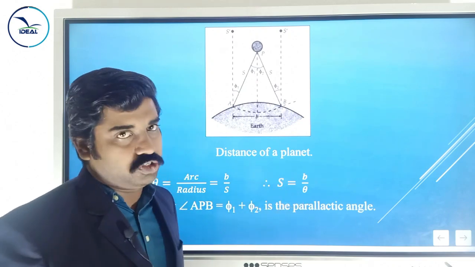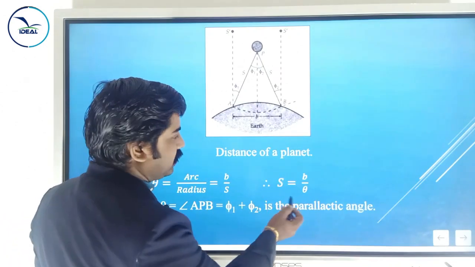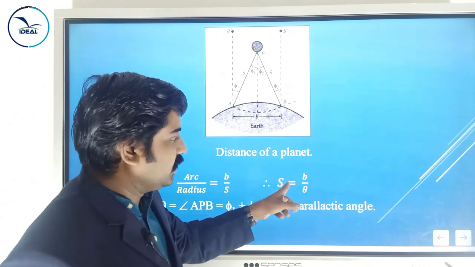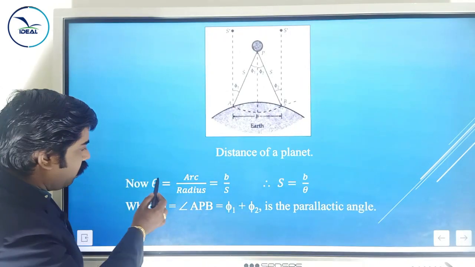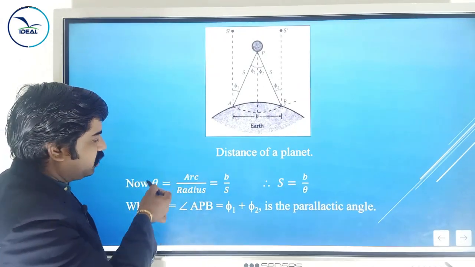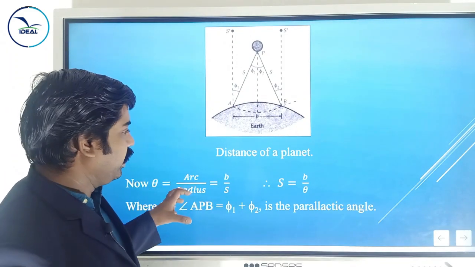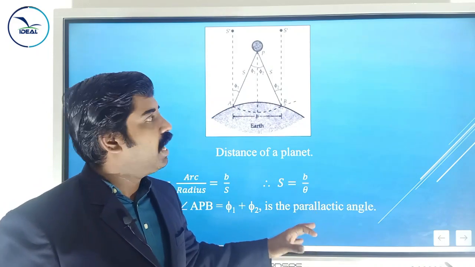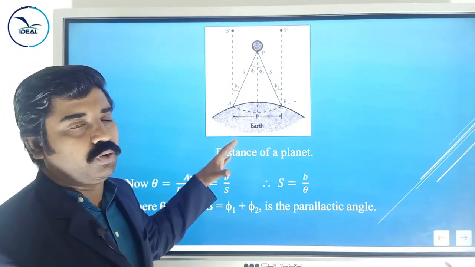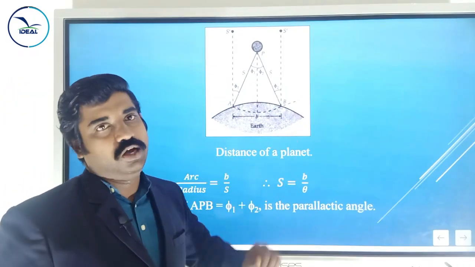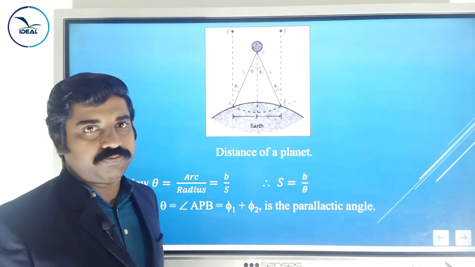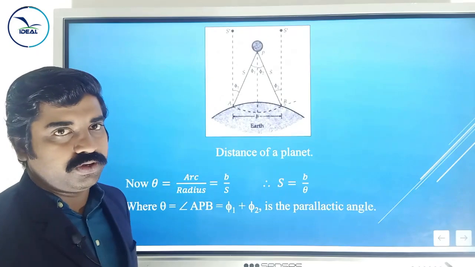Likewise it will change. So the equation is S is equal to B by theta, or just we want to know this relation, theta is equal to arc by radius. From that relation we can find this. Also by using this method we can find the diameter of other planets. That we will discuss.